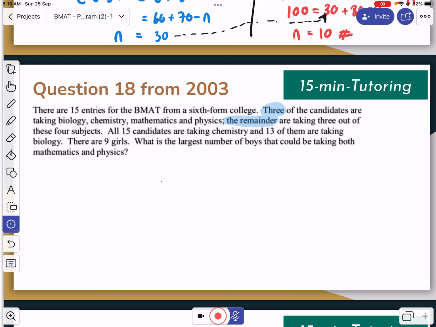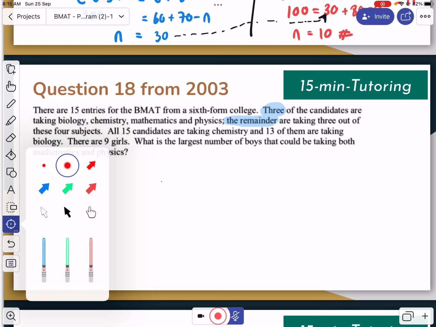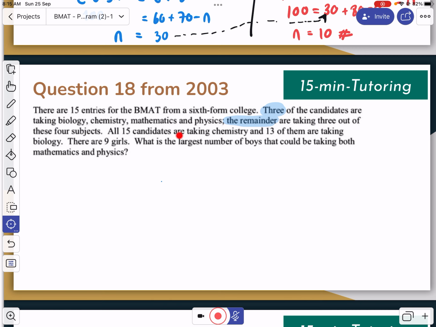We can draw a 4-circle Venn diagram, but that will be really confusing. But you can see that you can rule out chemistry right away. Why? Chemistry is not relevant because everyone is taking it. So that doesn't help. So we said, okay, we don't care about chemistry. We'll do bio, math, and physics.